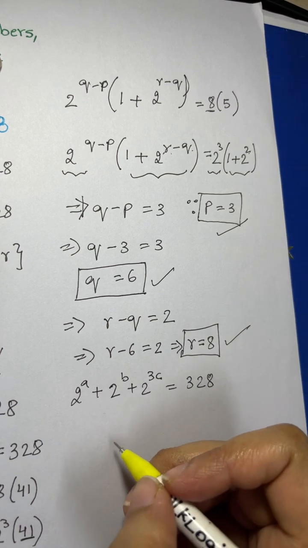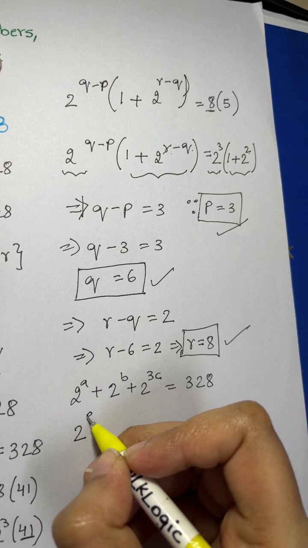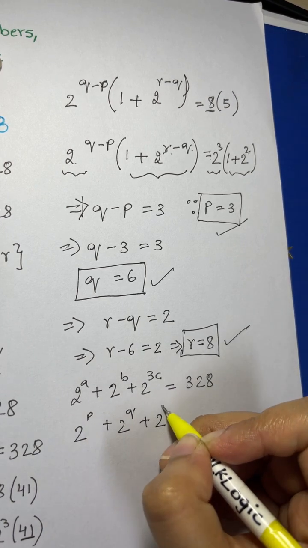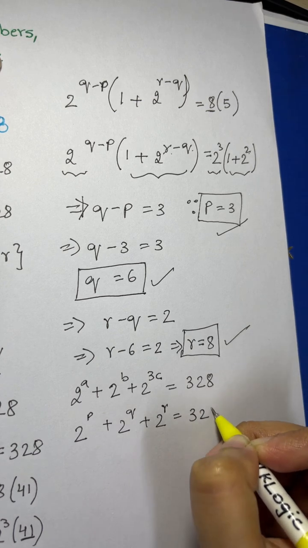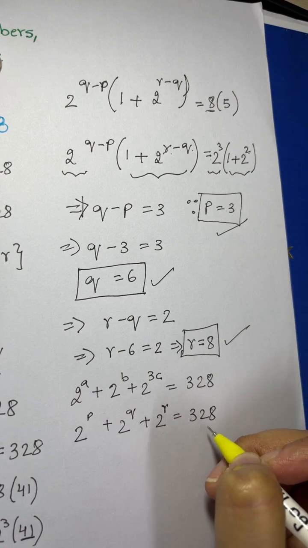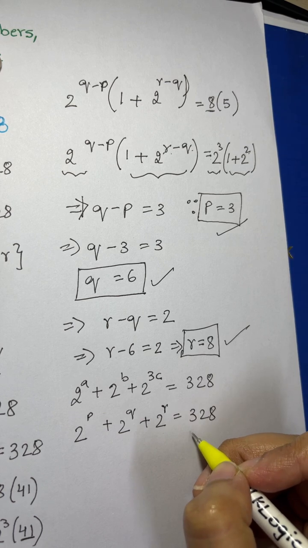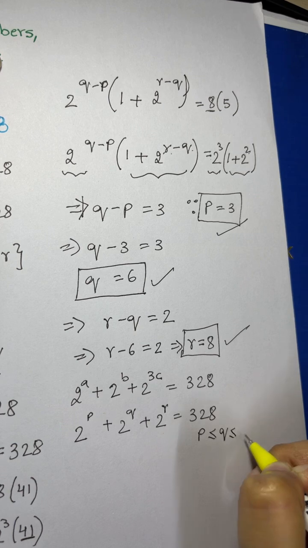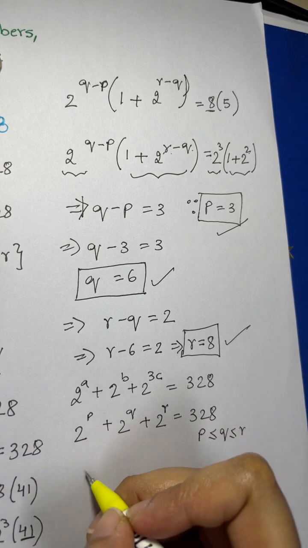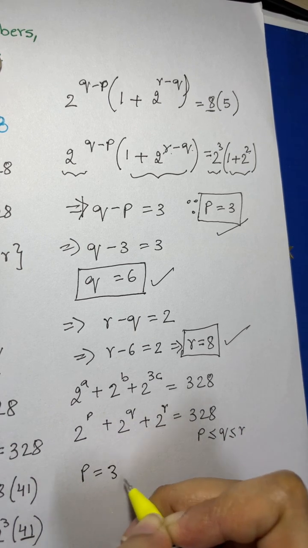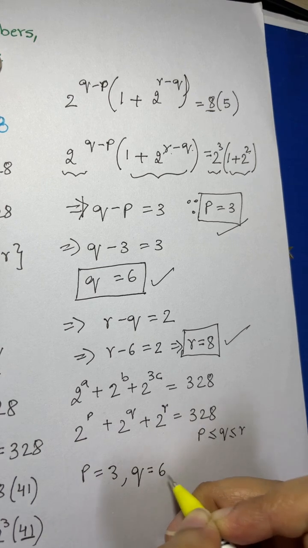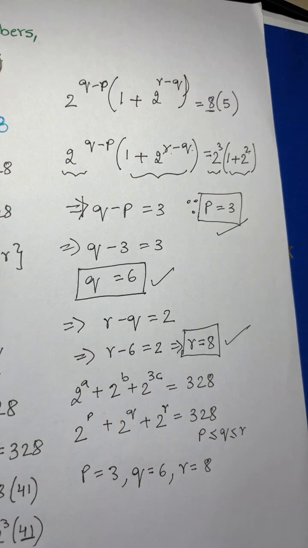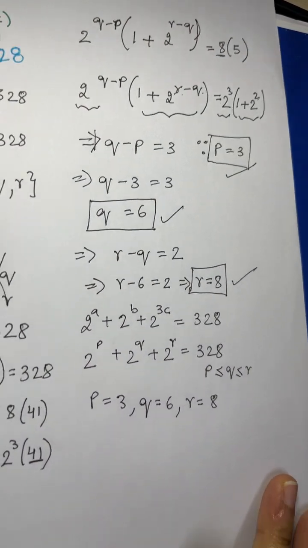Now we had substituted p, 2 to the power of p plus 2 to the power of q plus 2 to the power of r is equal to 328, and that was under the condition p is less than or equal to q is less than or equal to r. Then we got p is equal to 3, q is equal to 6 and r is equal to 8.